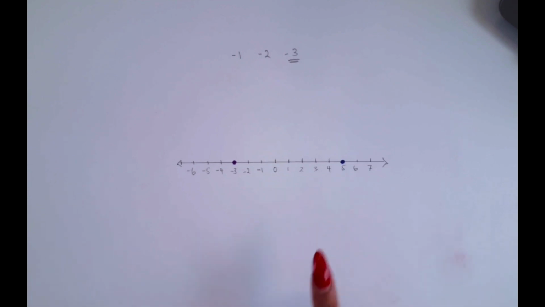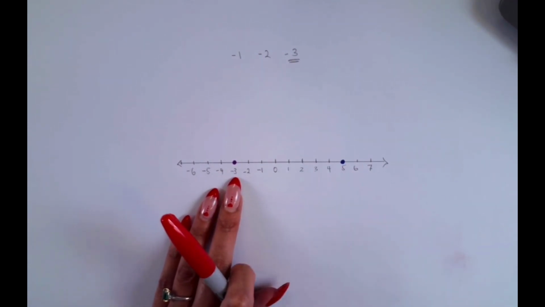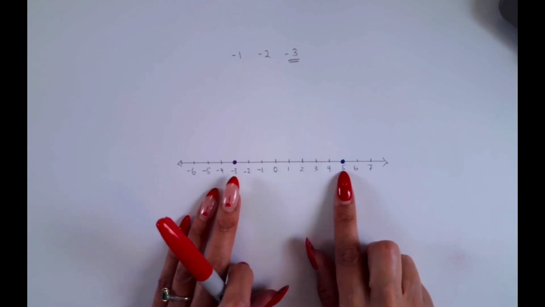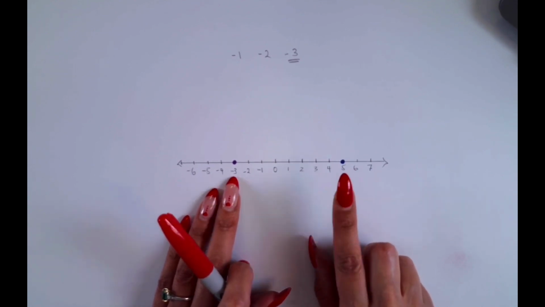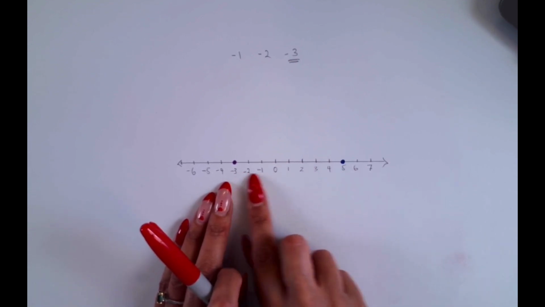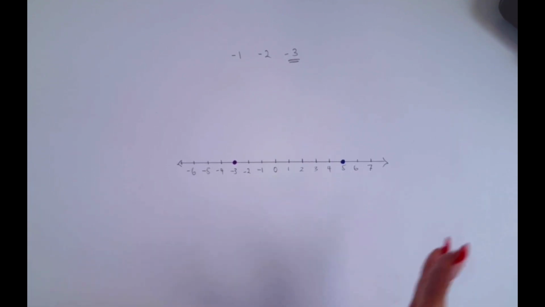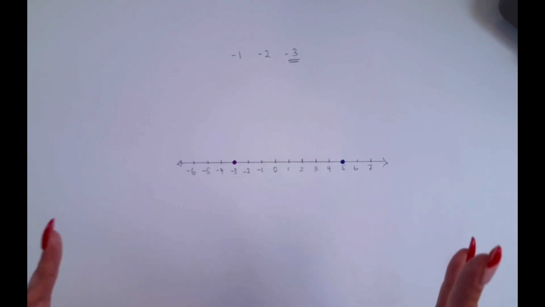The next thing you want is for them to start looking at differences. If we look at the distance between the 5 and the -3, you want them to look at how many values separate these numbers, to find the difference. Now, if we had 5 and we took away 3, we would have 2, so it doesn't quite work in that way.